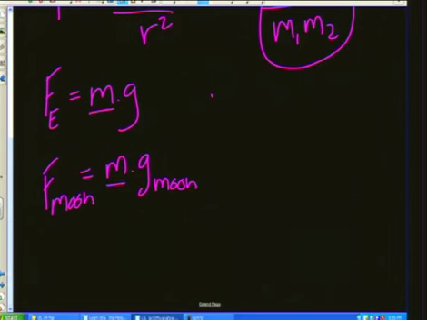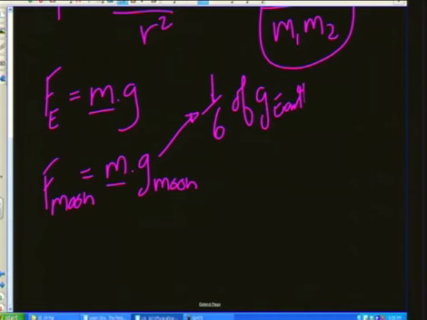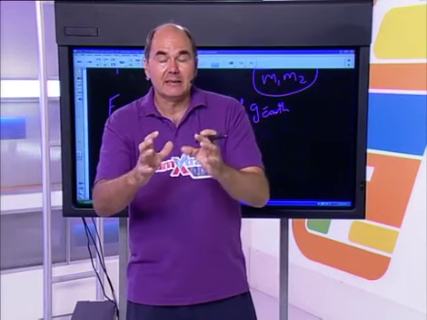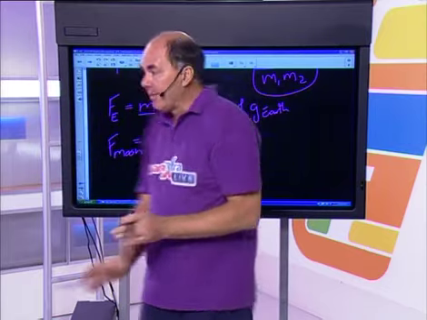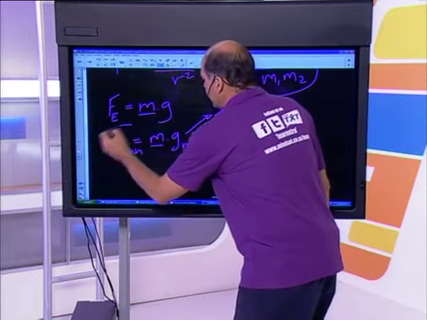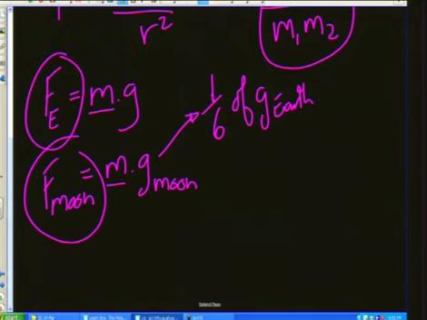But the value of this gravitational constant is 1/6 of the g on the Earth. In other words, you have to divide 9,8 by 6, and it comes out to 1,6 something. That will give you the difference between the force on the moon and the force on an object on Earth.